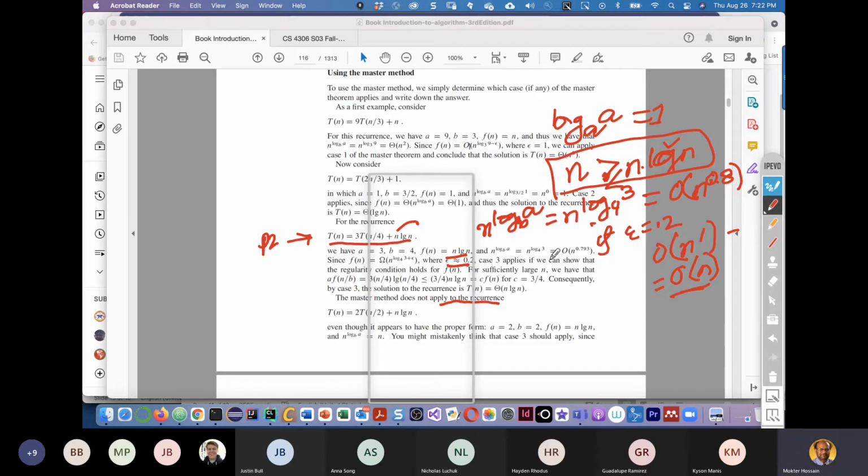So the master theorem does not apply because for some n this condition does not persist. For some n this part will be greater, for some n the other part will be greater. So that means it's not stable, so the master theorem cannot be applied for this part.